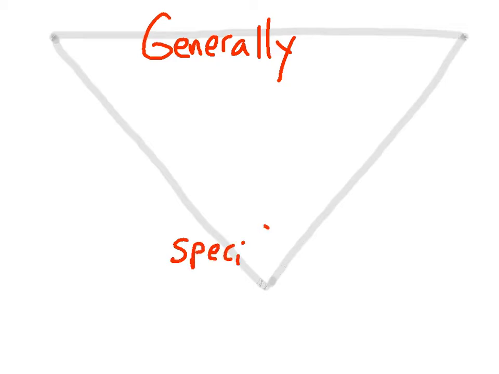This reminds me that I'm going to start off my discussion very generally and then work my way down to being very specific. And this most specific moment at the point of our upside-down triangle is what we call our claim, or what some people call a thesis, or a thesis statement.